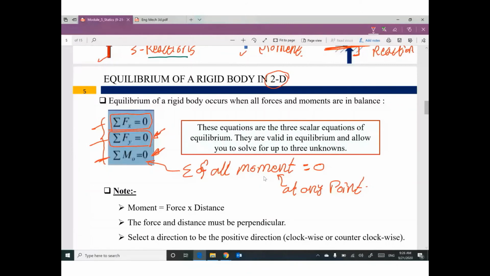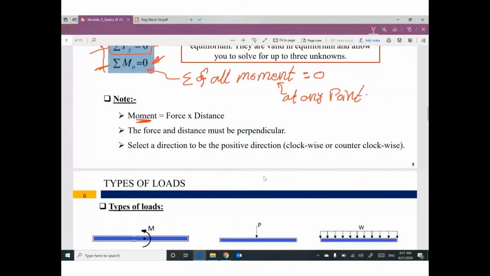Moment, if you go back to physics or mechanics in math, moment equals force times distance. If you have a force of 50 kilonewton, for example, and you have a distance of 5 meters, if you multiply this force by this distance, the product will be a moment.